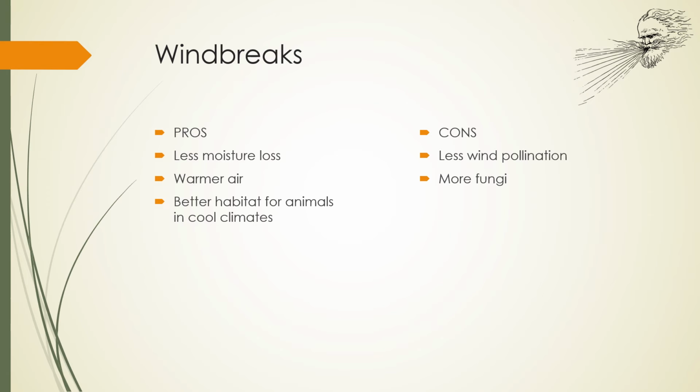Some things like corn need a little bit of wind. You can actually have more fungi settling on the plants, like vines need a little bit of air movement to keep them from getting too humid. And the windbreaks can cause a bank of frost build up. So you can use windbreaks to channel frost.